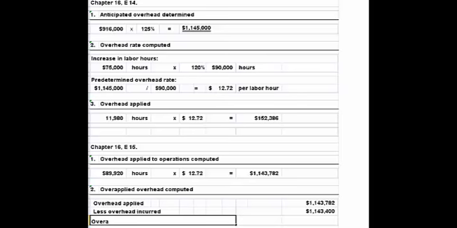And this would be what we would call the over-applied overhead. And the reason why it's over-applied is because the amount applied was over the amount incurred. Okay, so we can underline this and calculate $382 as the over-applied overhead.